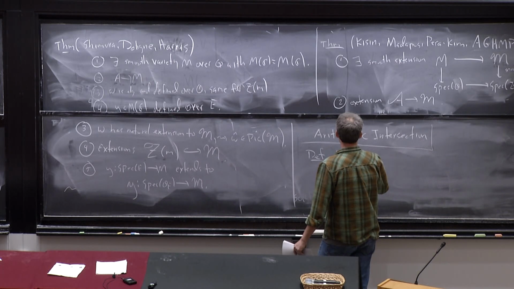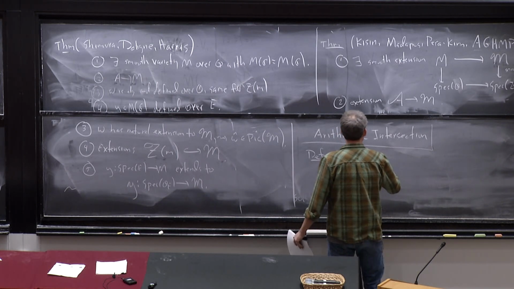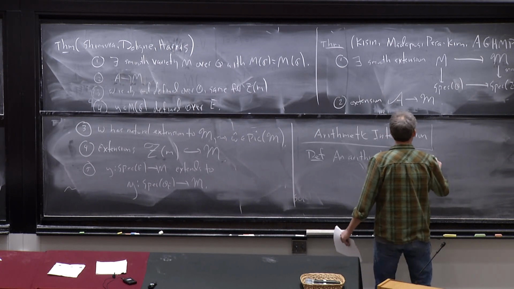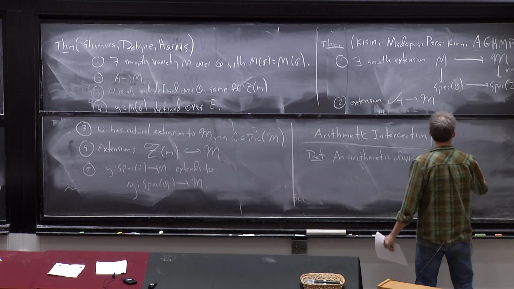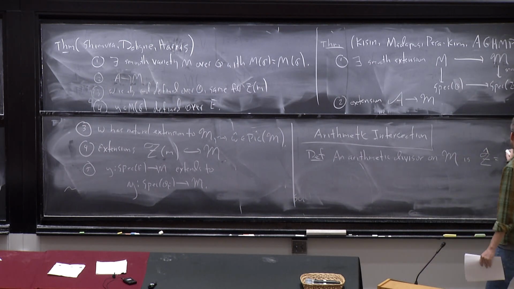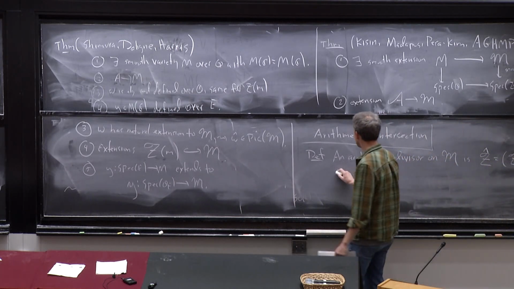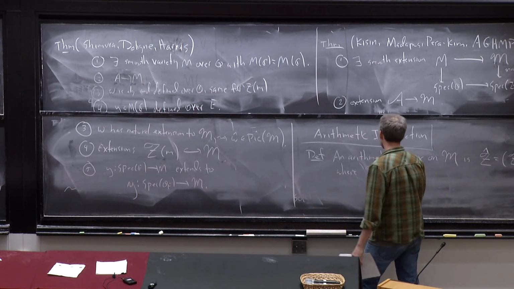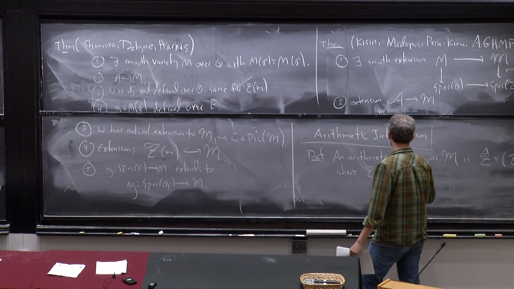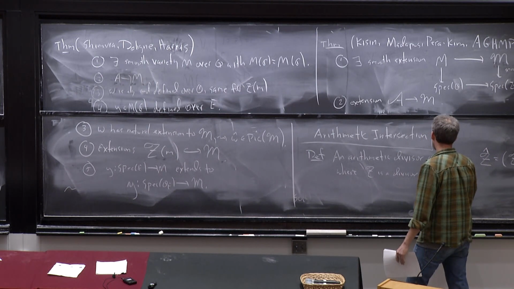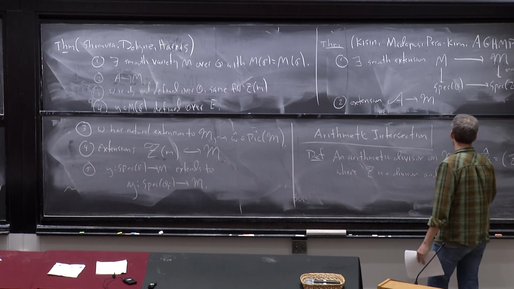An arithmetic divisor on this integral model, they're going to be called Z hat, is a pair (Z, g), where Z is some honest Cartier divisor, and g is a Green function for it.